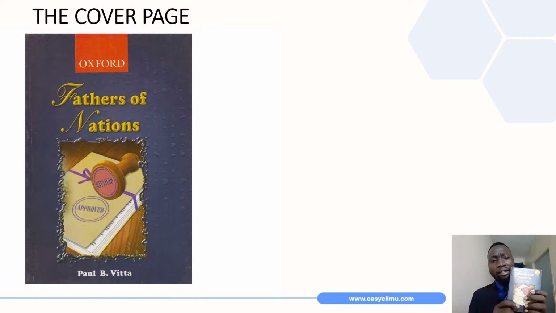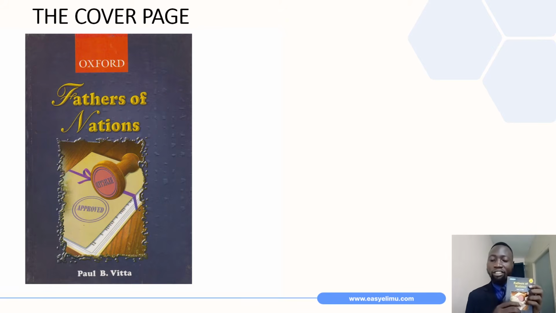Below it, we have got a title, and the title is Fathers of Nations. Before we look at what the title is all about, there is the word fathers. That is the antonym of what? Of mothers. So what do you expect about fathers in a family setup? Leave alone this literary masterpiece.